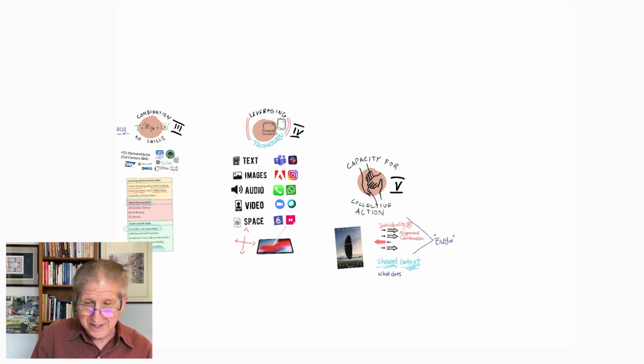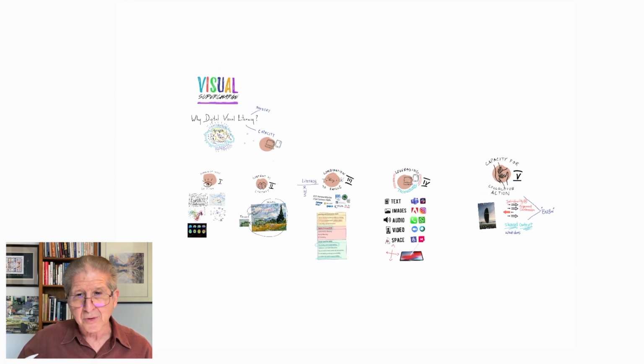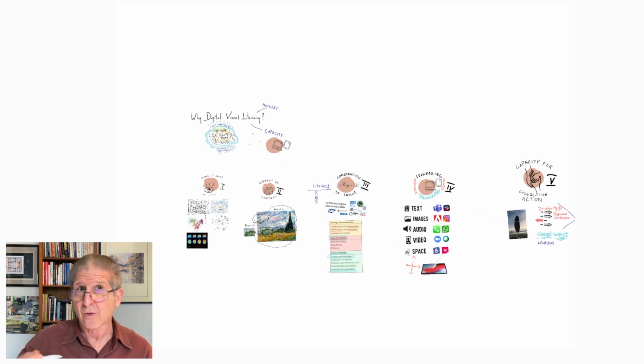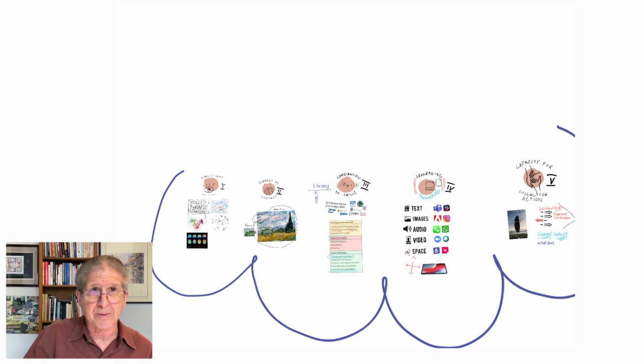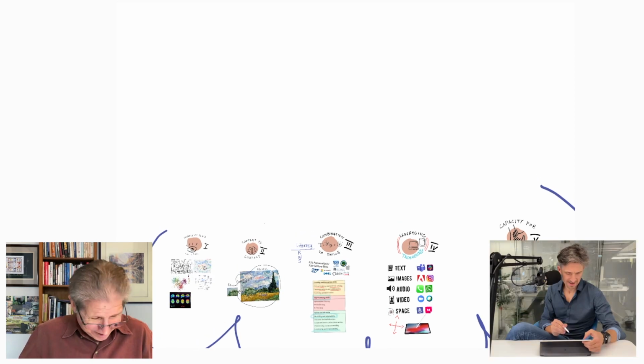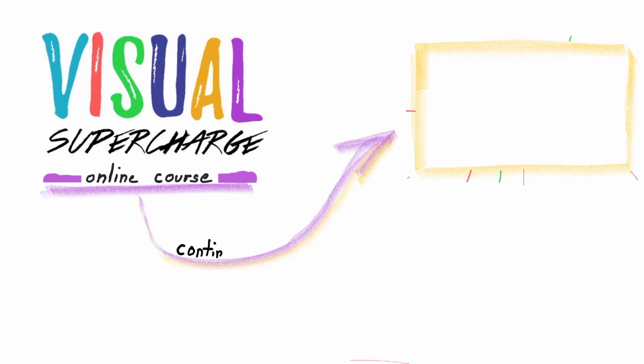They're all capacities that are either within us from birth or within us culturally, or maybe we learn them, but they're also the capacities that are afforded to us by our greater use of technology. So if these roots form this collective capacity, then something in the way of a pretty formidable tree, I would imagine, is going to come from these roots. And next up, the rewards of digital visual literacy that we will explore together in the crown of our tree model.